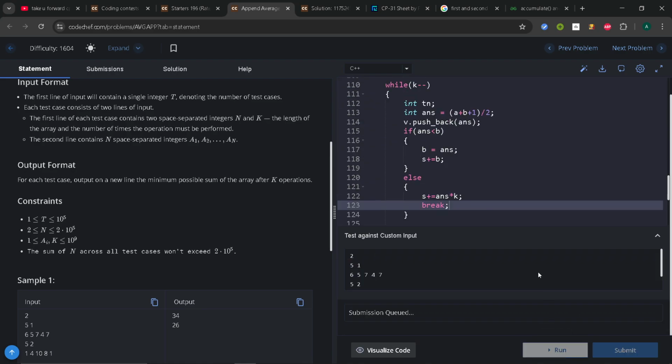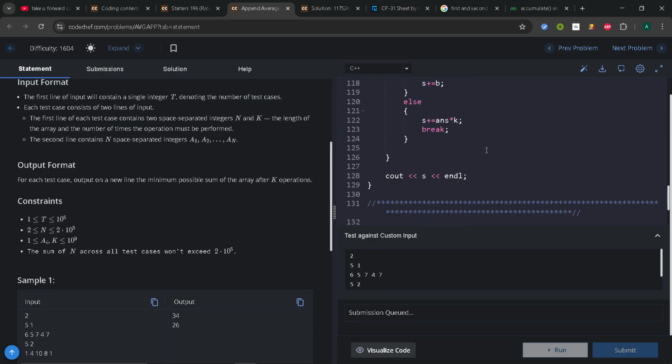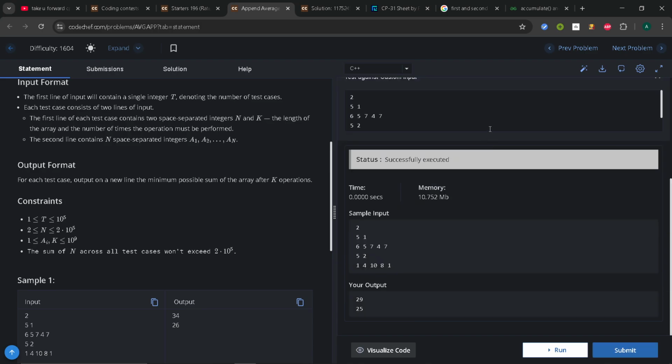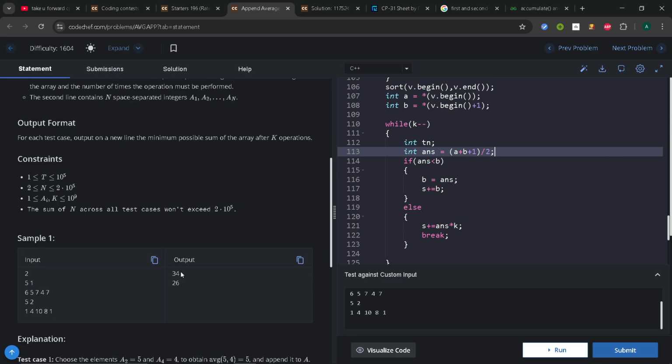Failed on hidden test case. 29, 25. 1 into 2.